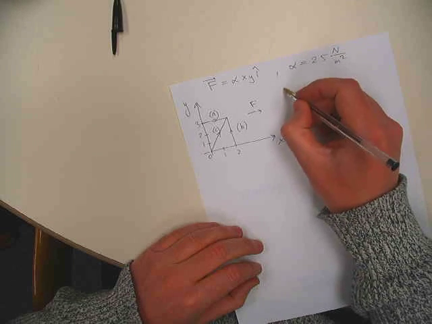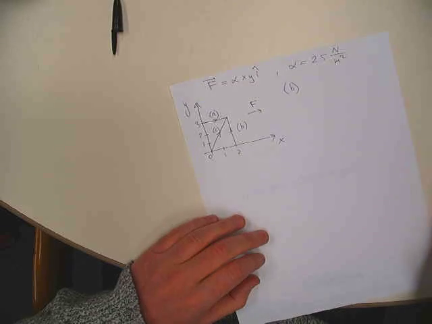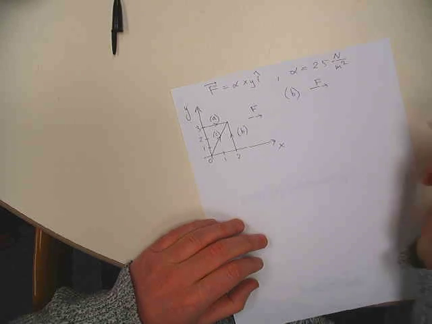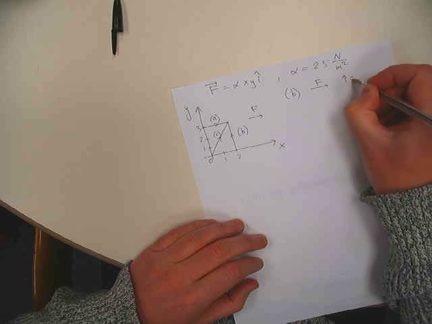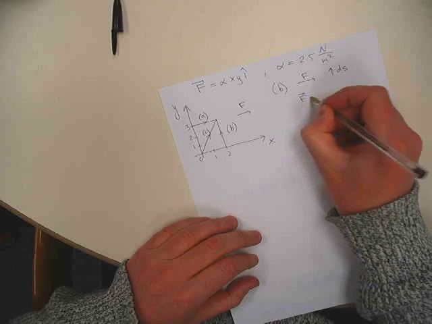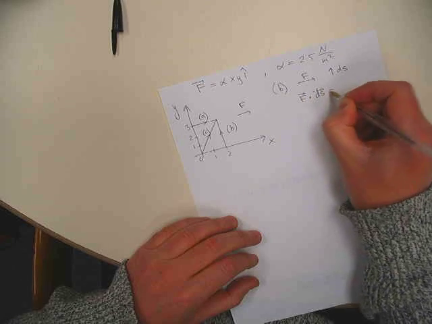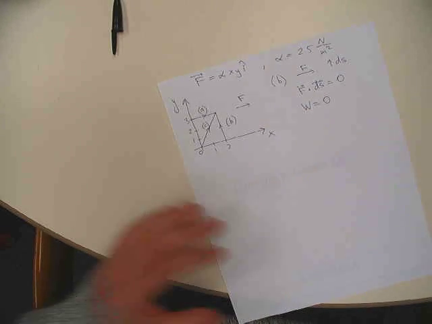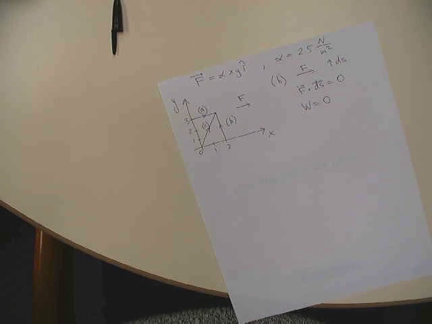So in part B, we can simply say, since force is along the x direction and the short displacements are along the y direction, the dot product of the two, F dot ds, is always 0. So work in this case is simply 0. If you add as many zeros as you like, you still get a 0.